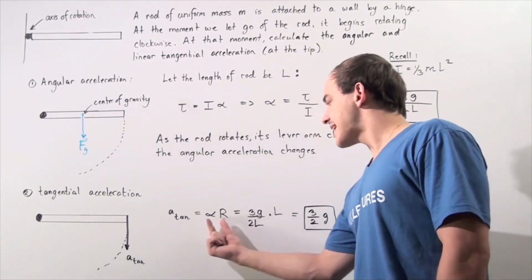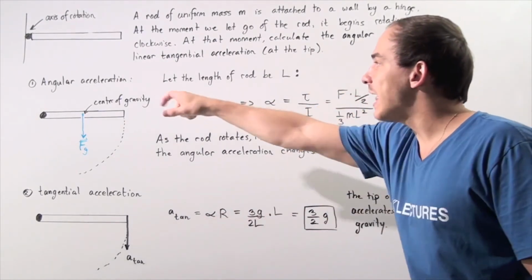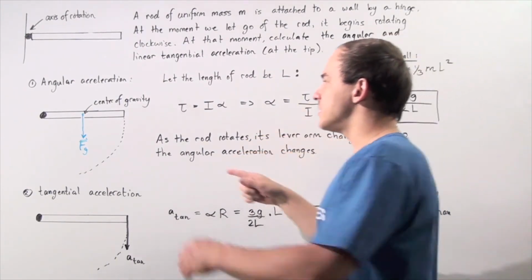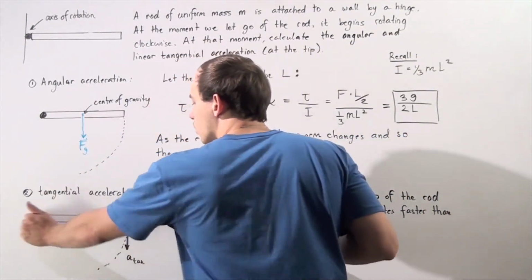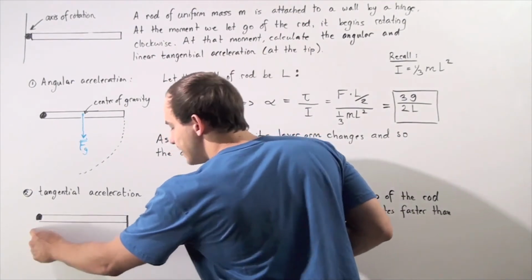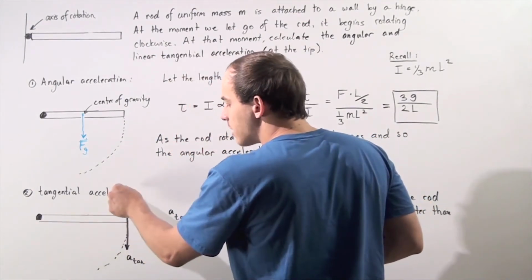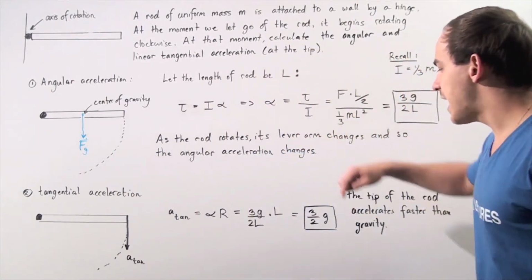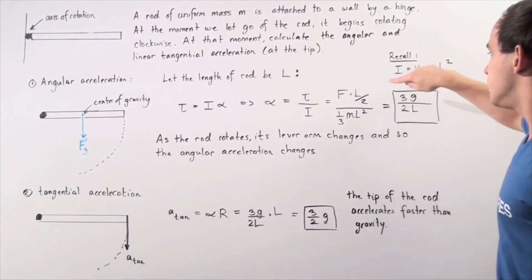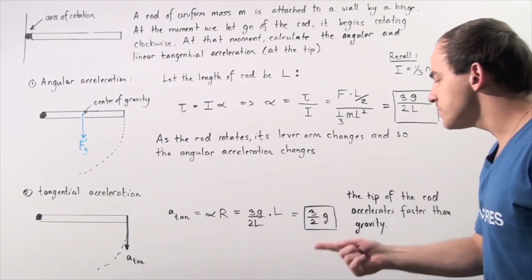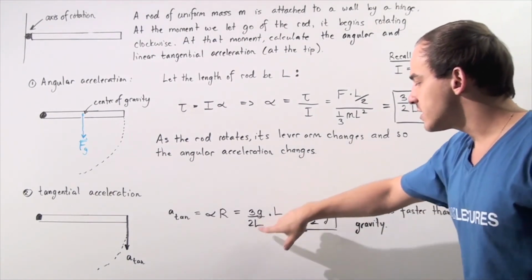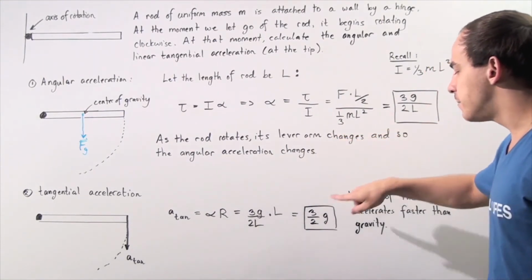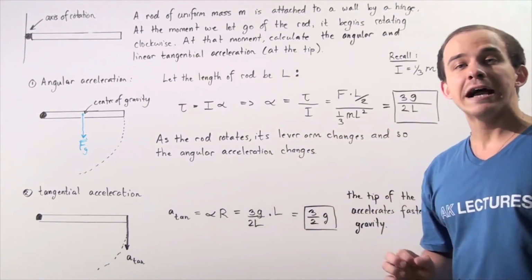In this case, alpha is simply the alpha that we found in part 1, and r is simply the entire length of our rod, from the hinge to the point where our object is experiencing tangential acceleration. So we have 3g divided by 2L multiplied by L. Notice the L's cancel, and we're left with 3 divided by 2, or 1.5g.